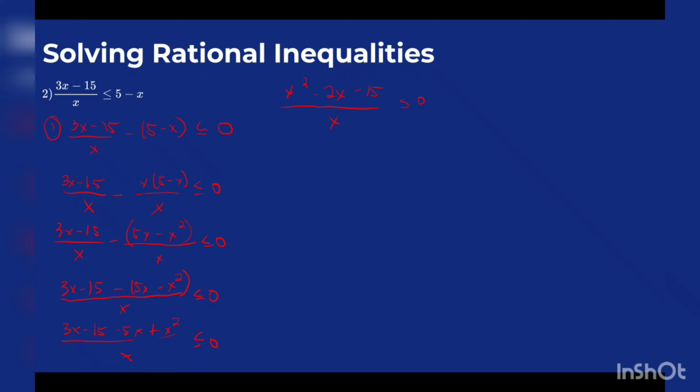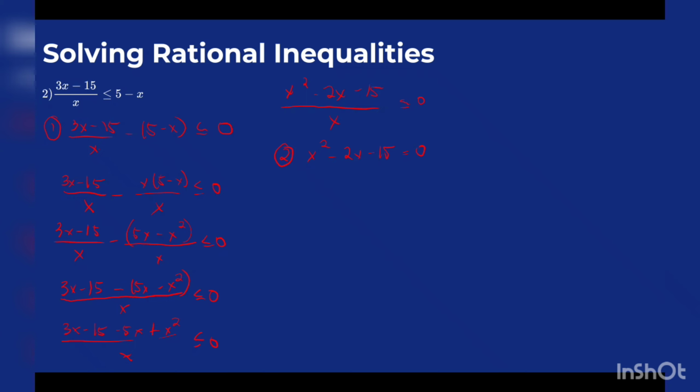So if you have changed your rational inequality in the form wherein on the right side you have 0 only, we can now find the critical values and solve for them or test them. So our critical values from the numerator, we have x squared minus 2x minus 15 equate it to 0.